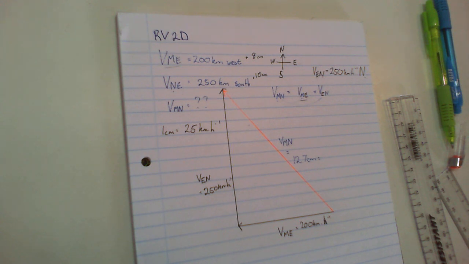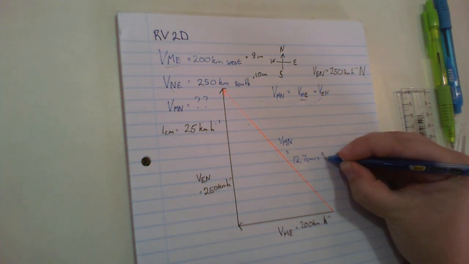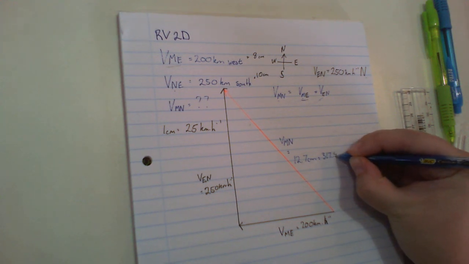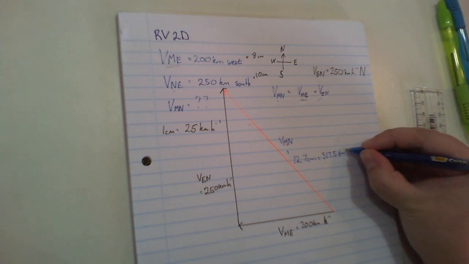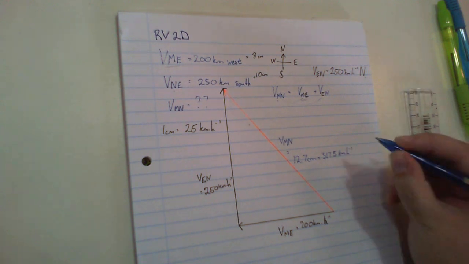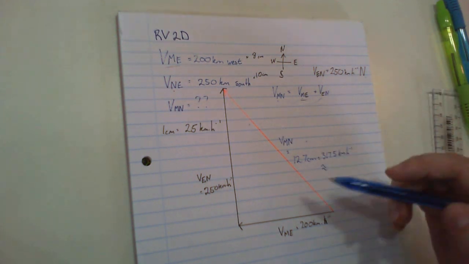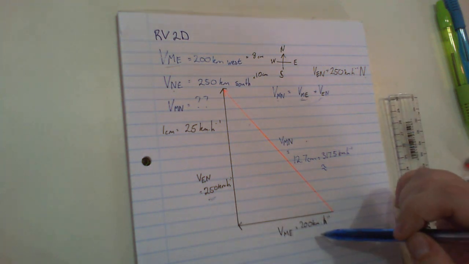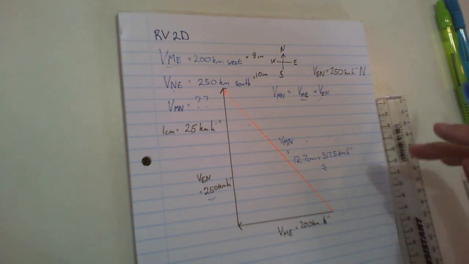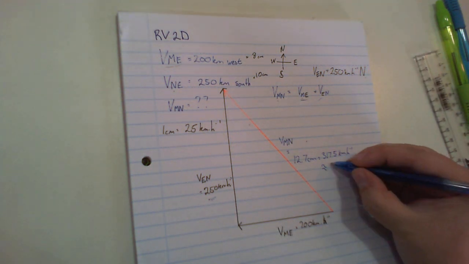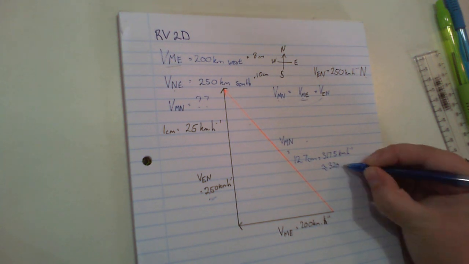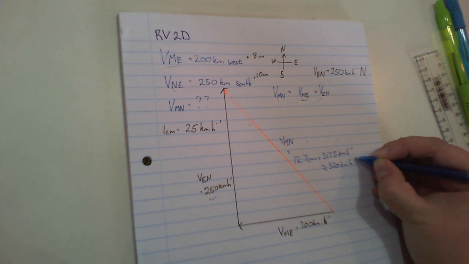So 12.7 times 25 is 317.5 kilometers per hour. Okay, how many significant figures? It looks like we've only got 2. You could have 2 or 3, but I'm going to go with 2. So it's 320 kilometers per hour.